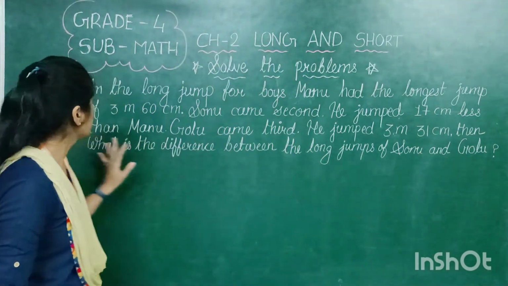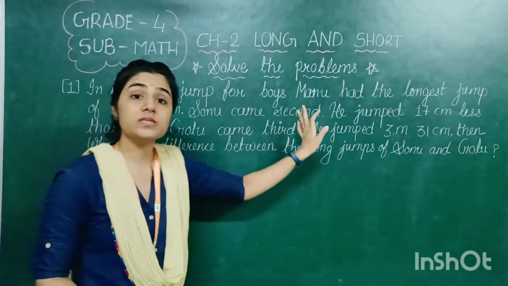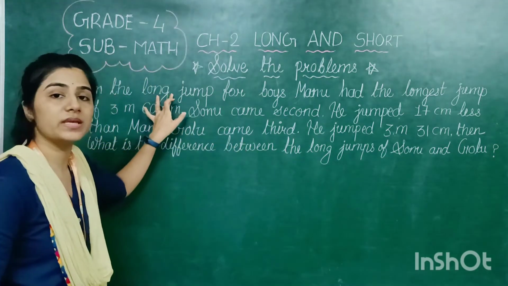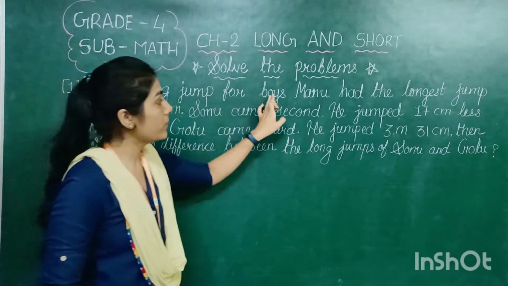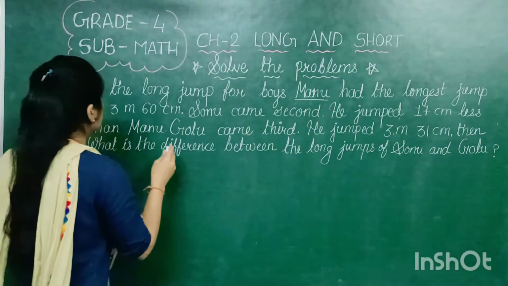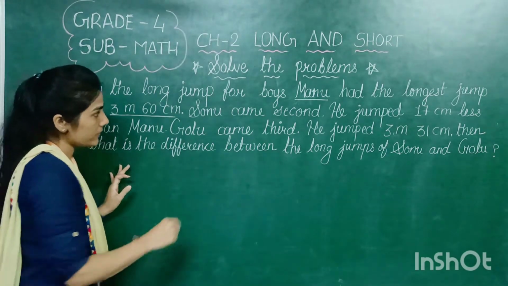So let's start. Number 1: in the long jump, information is given about the long jump. In the long jump for the boys, Manu had the longest jump, that is 3 meter and 60 centimeter.